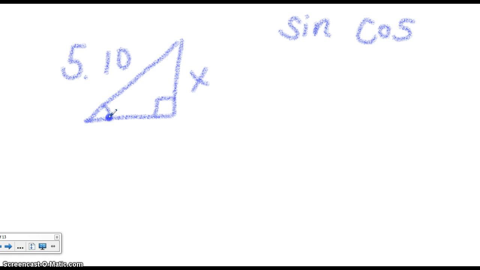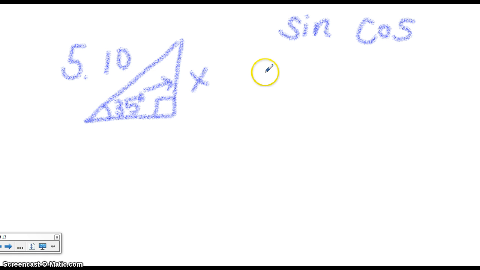Now I know that this is 35 degrees. So what I'm dealing with is I have 35 degrees. The side opposite of the angle that I'm given is x. Opposite. I have opposite and hypotenuse.